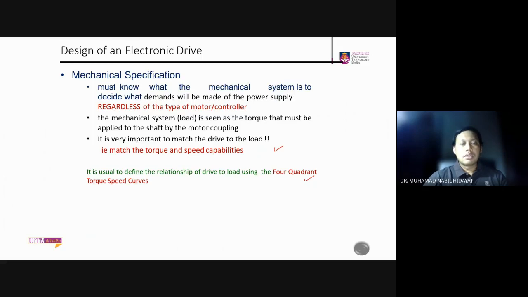For example, you have to match the torque and the speed capabilities. Some applications need high torque but low speed, some need high torque and high speed, or low torque and high speed. So you have to know the torque and speed capabilities. Usually, to define the relationship between the drive and the load, we use the 4-quadrant torque speed curve.